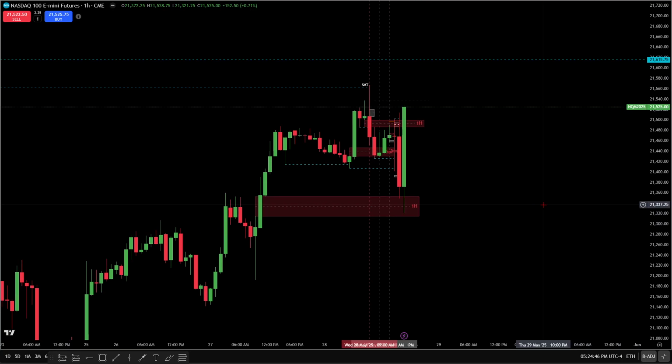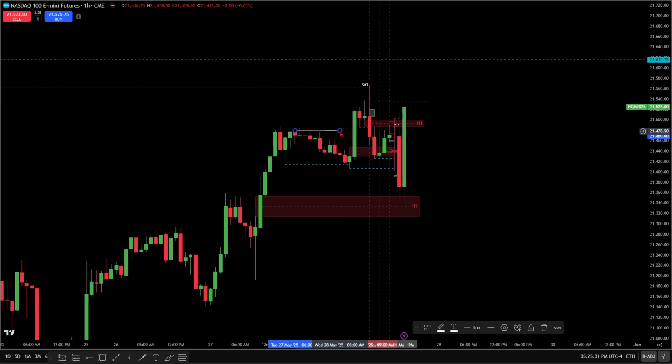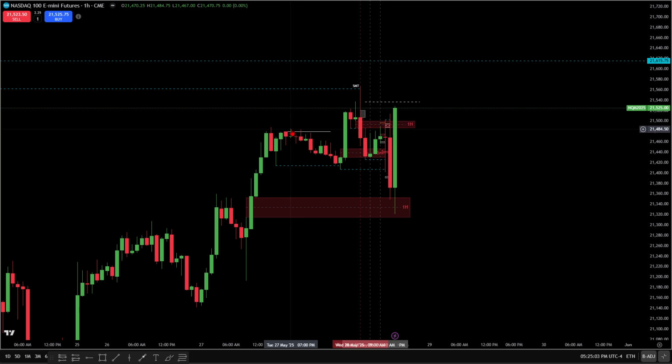The way that helps me think about this day in particular is, where did we open, right? This right here is the opening price of the day, all right? We made this tiny wick up top, 4.5 handles.